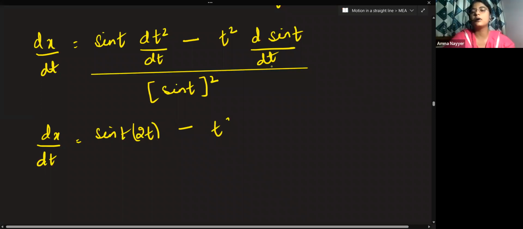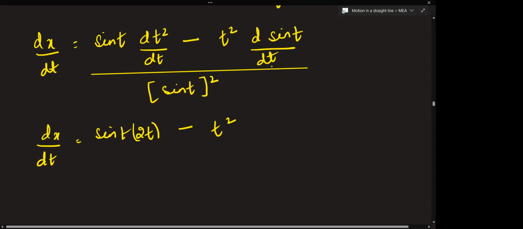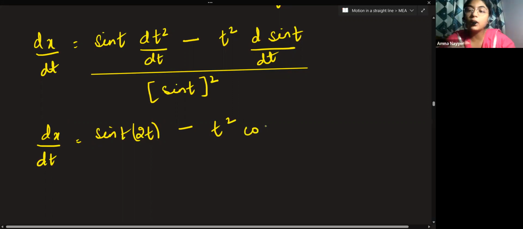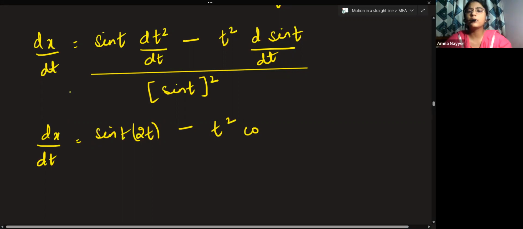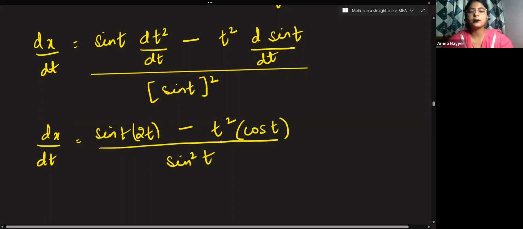What is the differential of sine t? Cos t. But remember, if you had cos t instead of sine t, then you would have written a negative sign. But in case of sine t, it is cos t. This whole is getting divided by sine squared.